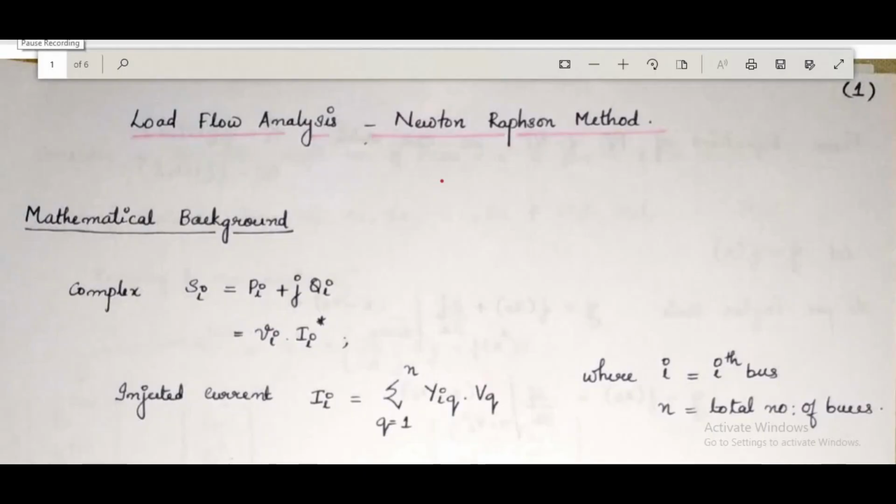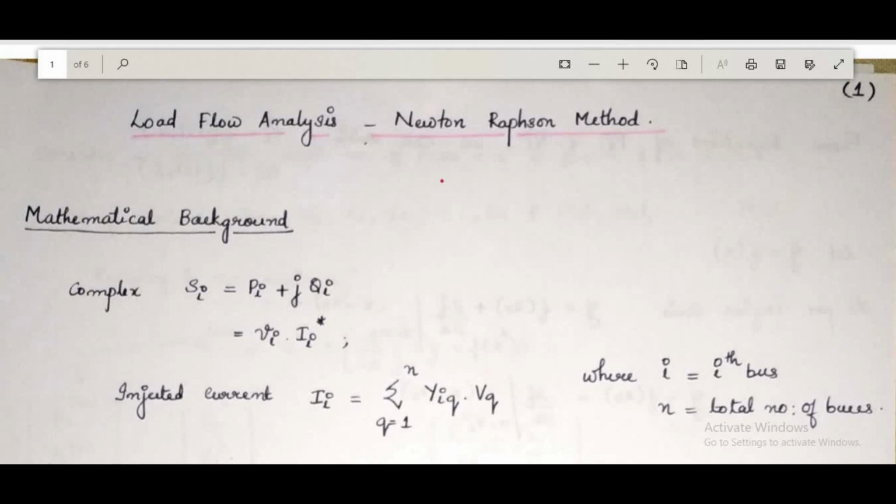Now the next method in our syllabus is Newton-Raphson method. This method we might have studied in mathematics. It is just a simple extension of those methods applied in power system. Before proceeding to the numericals or flowchart or algorithm, let us understand what is a mathematical background in Newton-Raphson method.